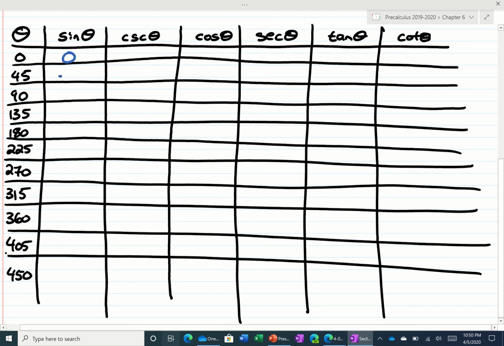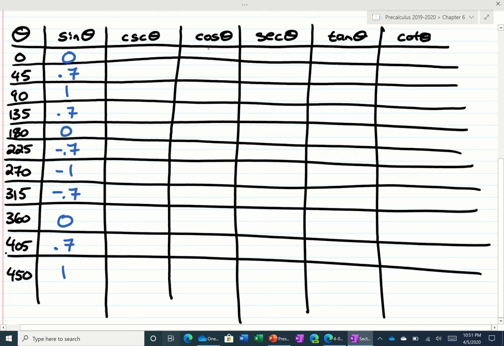Sine of 45 is 0.7, then 1, 0.7, 0, negative 0.7, negative 1, negative 0.7, and 0. Alright, so you could just type those in if you want. Really, for sine, you could use the special triangles or quadrantal angles to find 0, 90, and all those, but we want to use decimals for this.